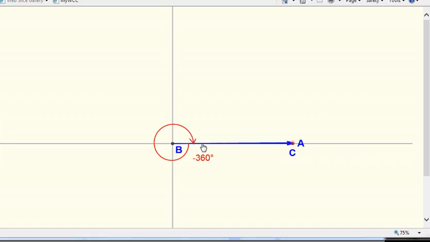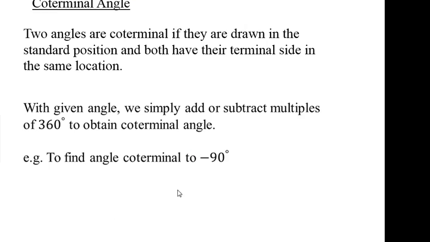So far so good, right? So let's go back to take a look at this. With any given angle, you can generate as many coterminal angles as you like by simply adding or subtracting multiples of 360 degree.